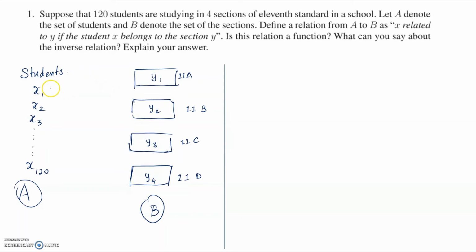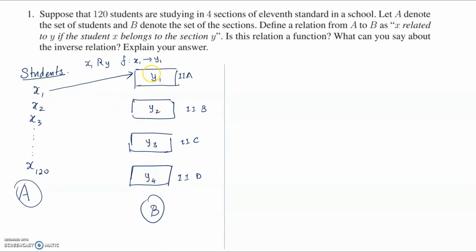Now let's say this is student x1, it can be Ram or any person. He will be in only one class. Let's say he is in the first section 11A, which means x1 is related to y1, or f of x1 is y1. The same student cannot be in 2-3 classes.